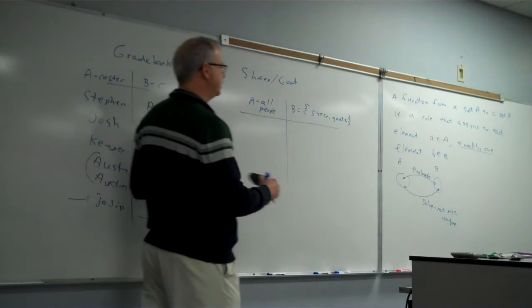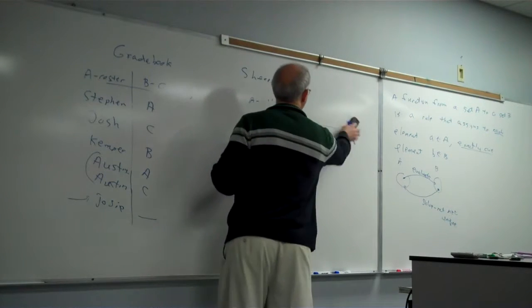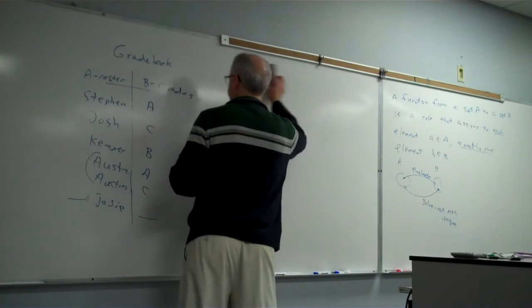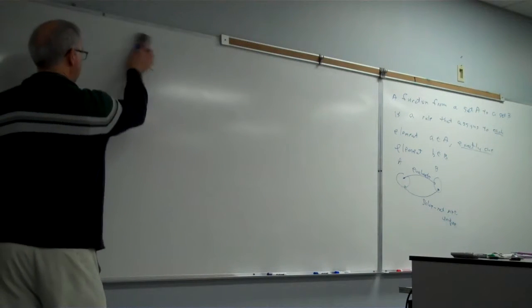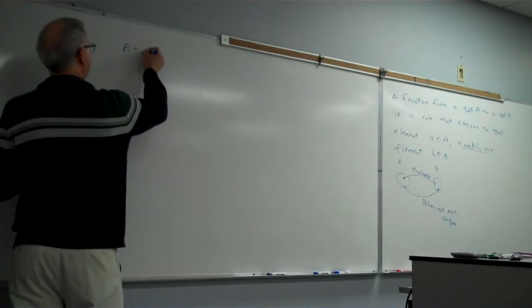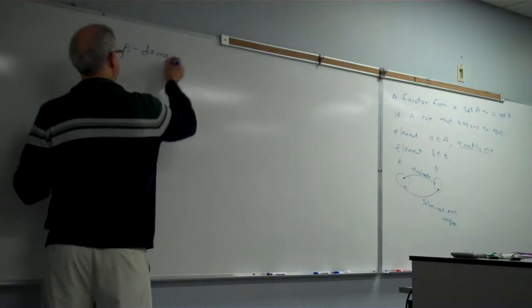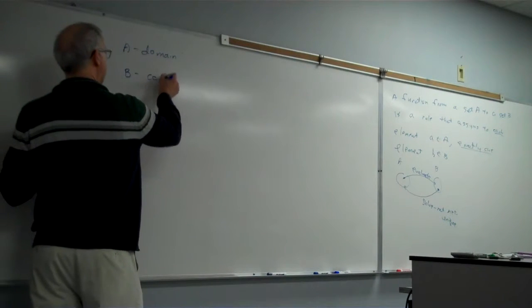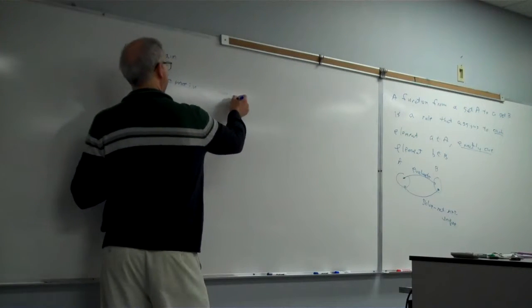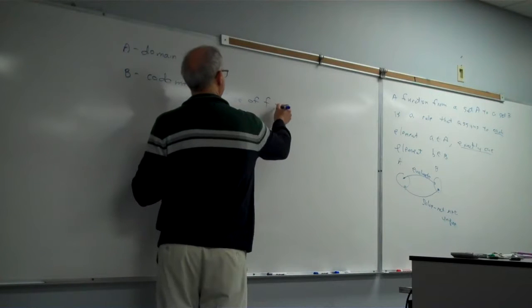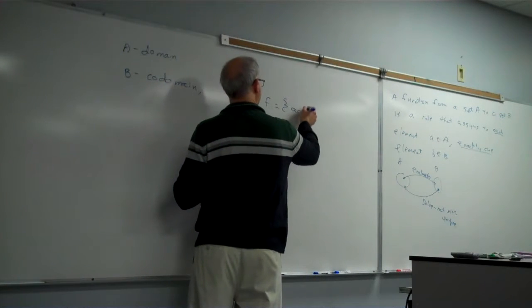So if we look at the sets A and B, the set A is called the domain. And the set B is called the codomain. The range of the function is the set of actual outputs.